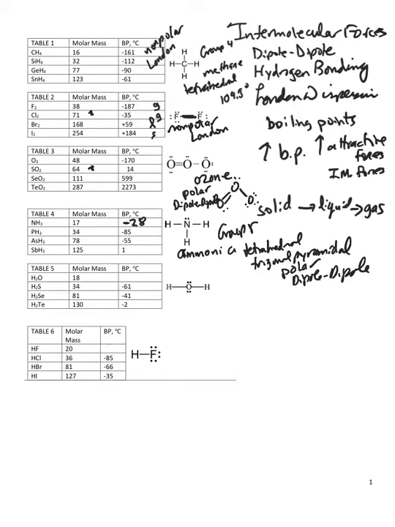Let's look at table 5, which are now group 6 molecules with hydrogen. And so we've got H2O, H2S, H2Se, and H2Te. As the molar mass gets larger, the boiling point increases. Now, I've got the Lewis structure for water there. It's not linear. It's really a bent molecule.